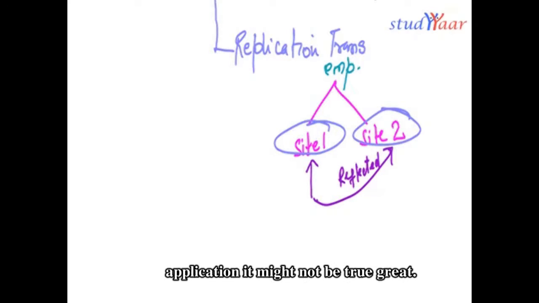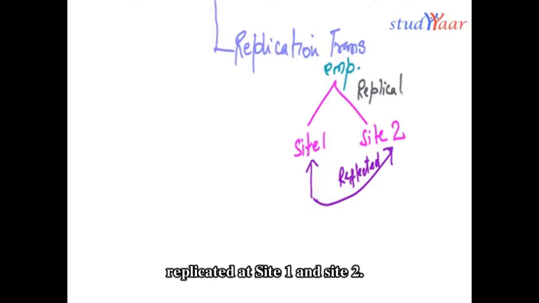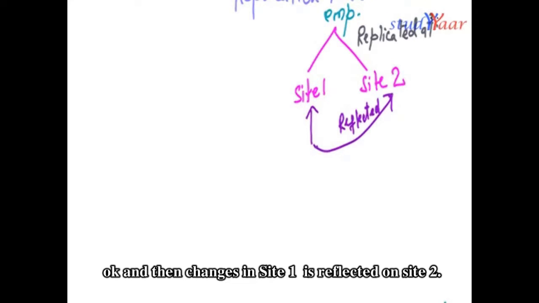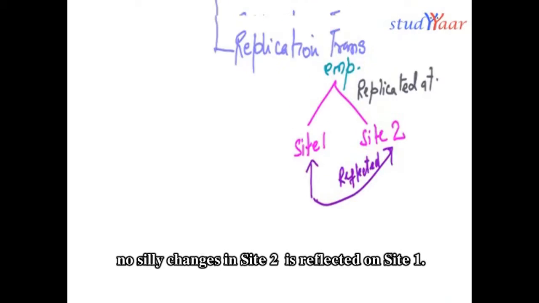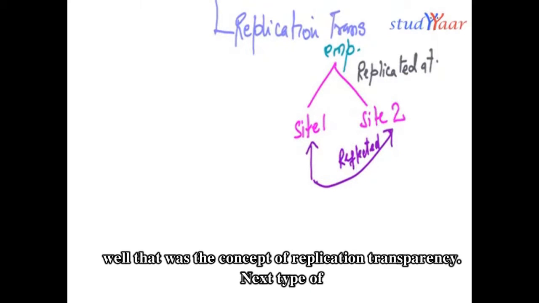In duplication, it might not be true. I would say the employee table is replicated at site 1 and site 2, and changes in site 1 are reflected on site 2. Similarly, changes in site 2 are reflected on site 1. That was the concept of replication transparency.